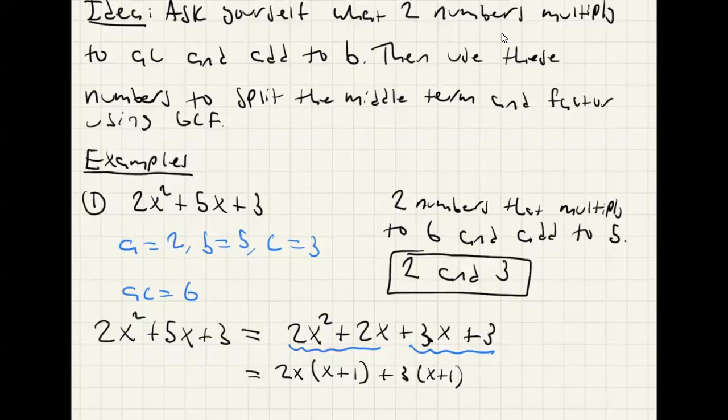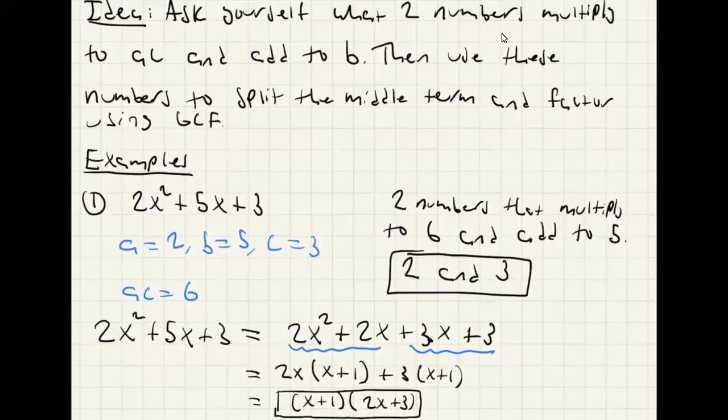And now, both of these terms have an x plus 1 in them. So we can factor out an x plus 1. When we factor out the x plus 1 from here, all that's left behind is a 2x. And when we factor out an x plus 1 from here, all that's left is a plus 3. So that means that our original polynomial factored looks like this. It's x plus 1 times 2x plus 3.